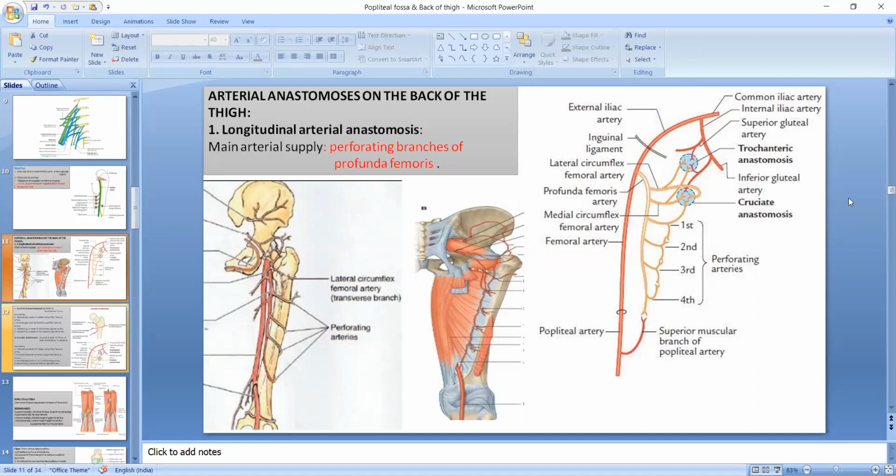First we will discuss the pelvic and gluteal anastomosis. We see here the common iliac arteries that bifurcate to form the external and internal iliac arteries, and we all know about it.